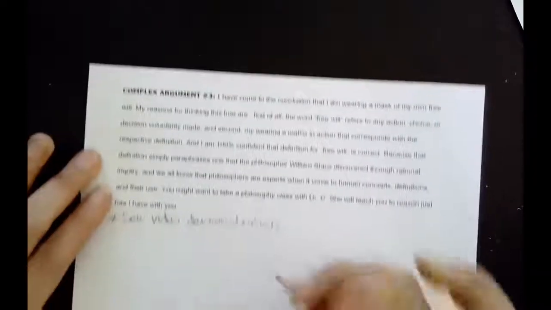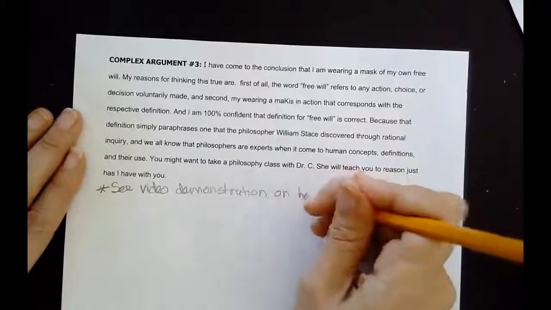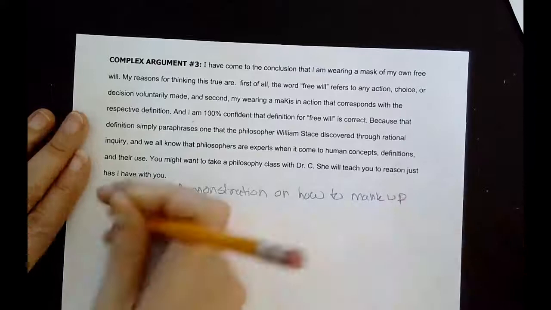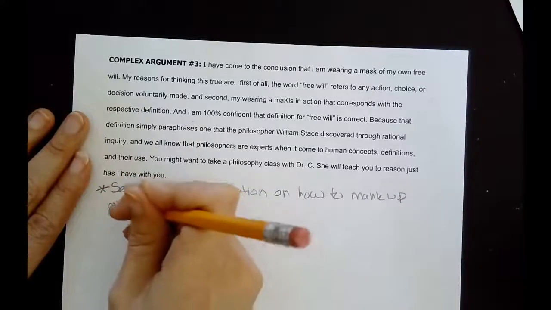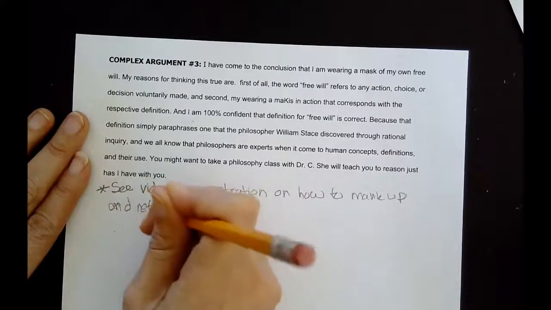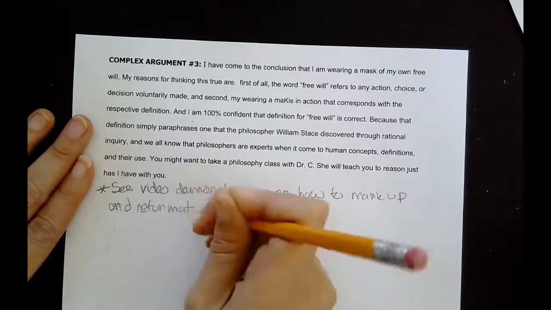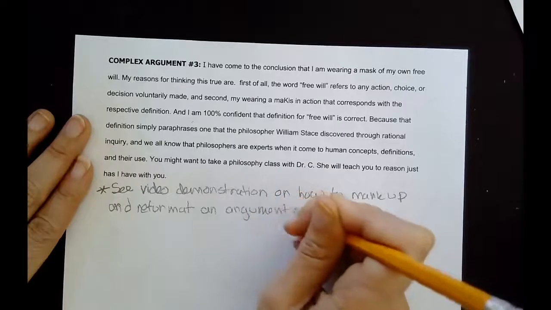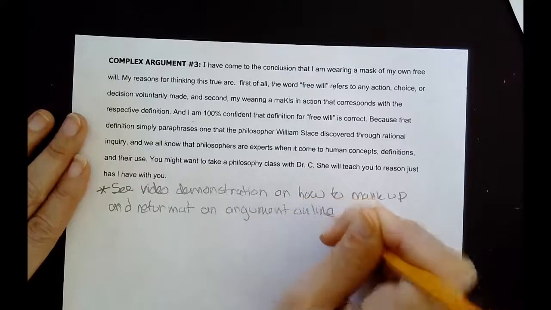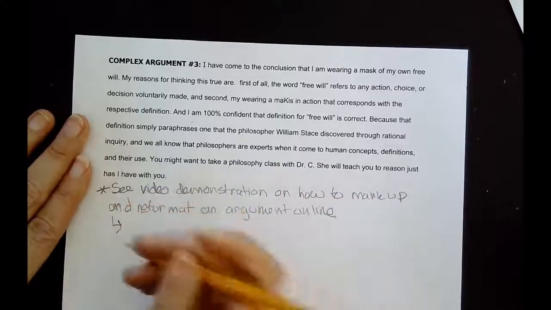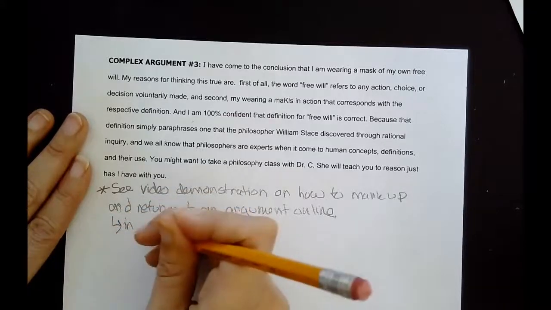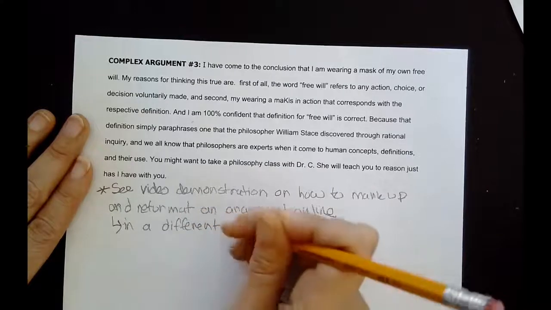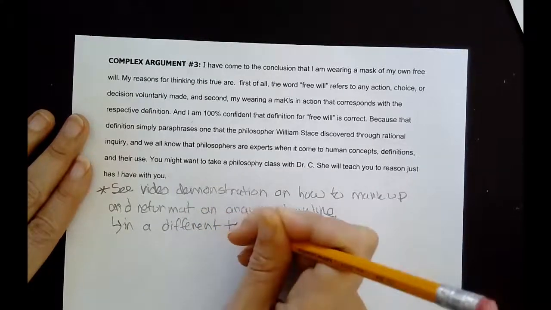So write this for a grade on how to mark up and reformat an argument online. Okay, so where will this video be? In a different task folder.